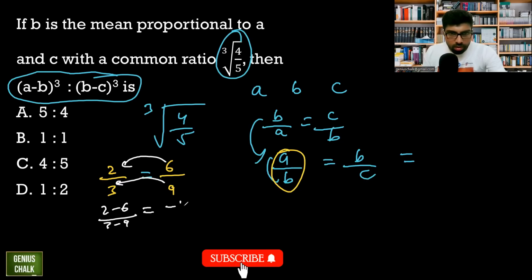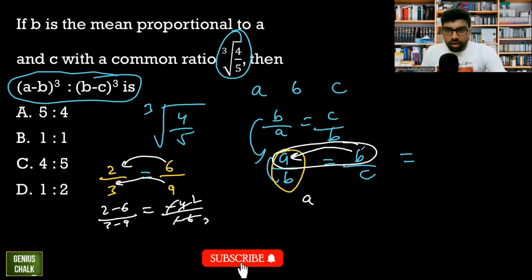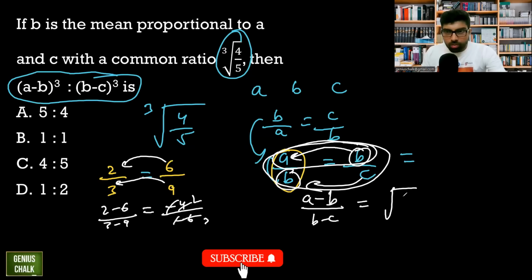So what is this now? Minus 4 by minus 6, and it is again coming as equal. So this is what is happening here. A minus B is asked. I can subtract it. If already two ratios are equal, whether I add something or add the same numbers, it will never be changed. So A minus B upon B minus C will be same as cube root of 4 by 5, right?